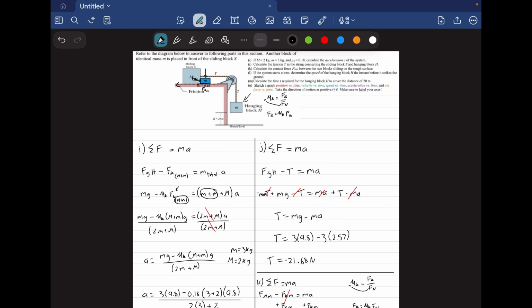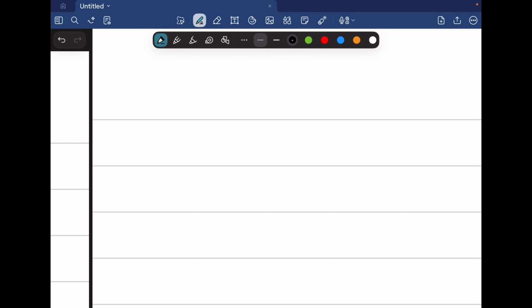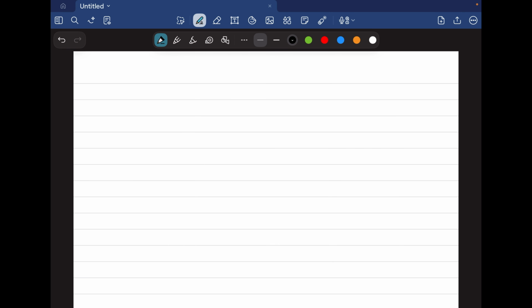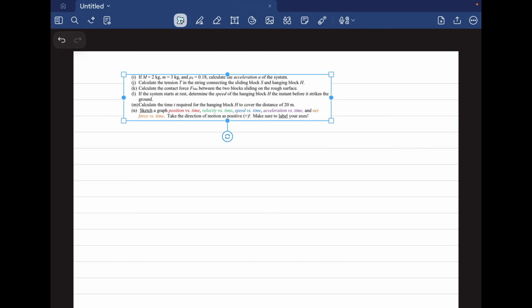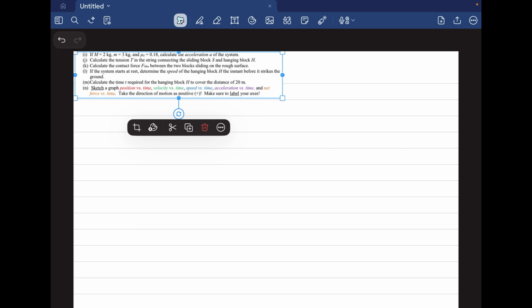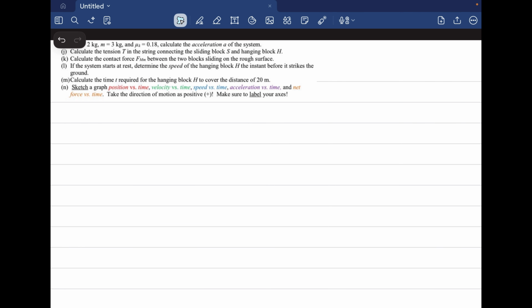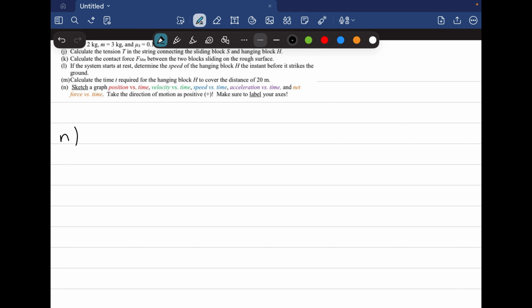Then part N. So part N wants us to sketch a graph for all of the following. So first is position time graph, right? So position is x, and then time is t. Right.